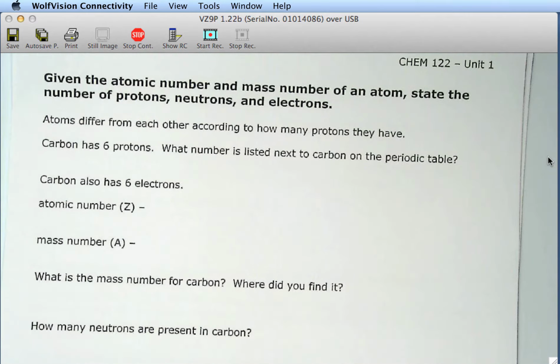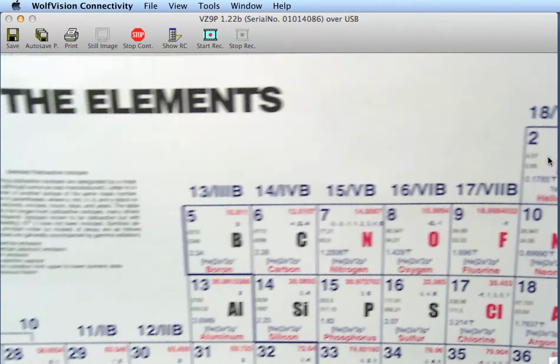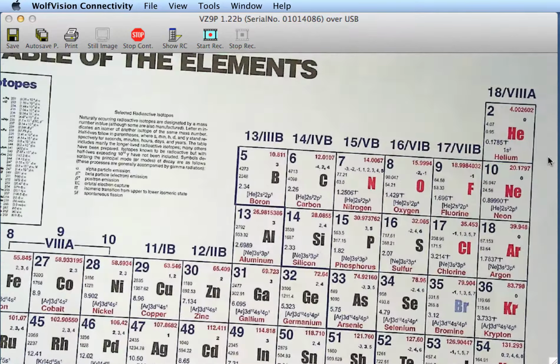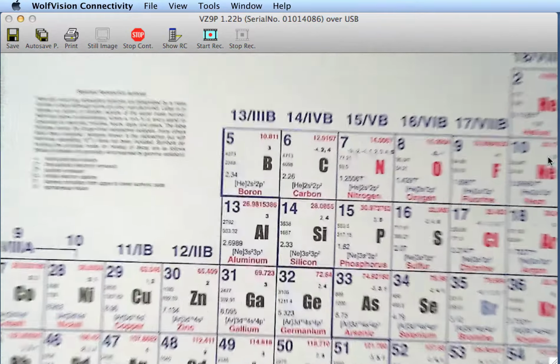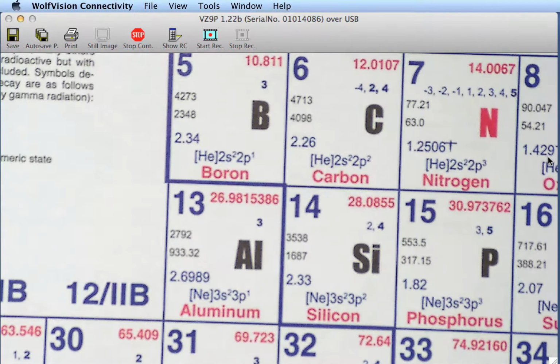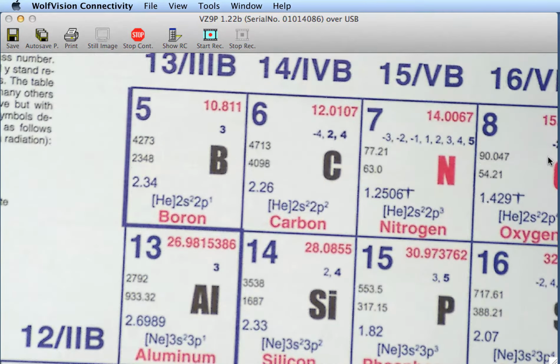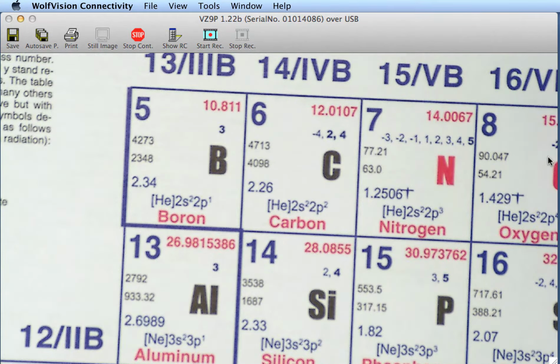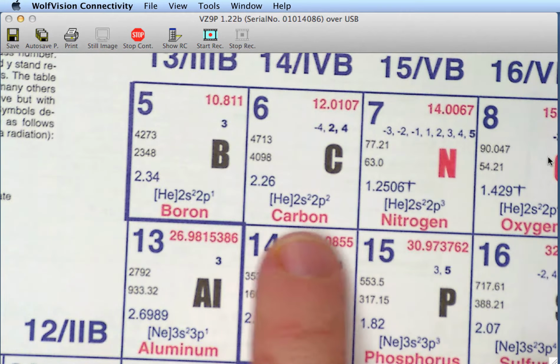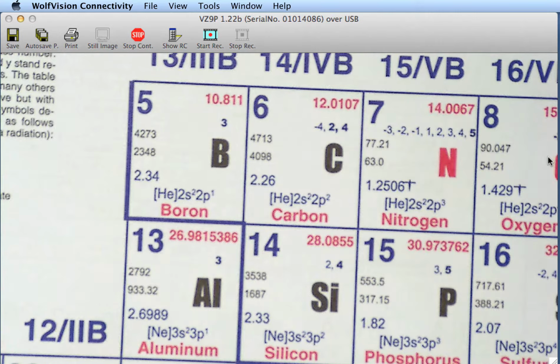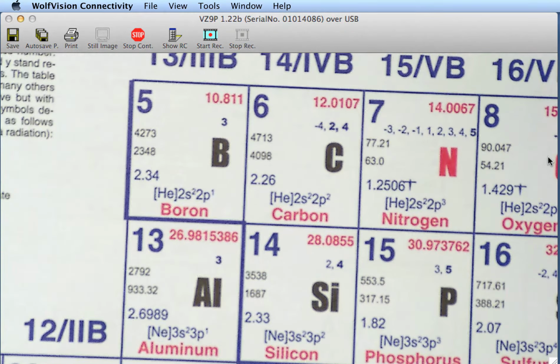If you look on your periodic table, and you look up carbon, what's the symbol for carbon? C. Now, in some chemistry classes, they will give you periodic tables that just have the abbreviations for the elements. They won't give you the ones that have the words written underneath. But in our course, we will always give you this periodic table. So if you panic, you can always read what's underneath it.